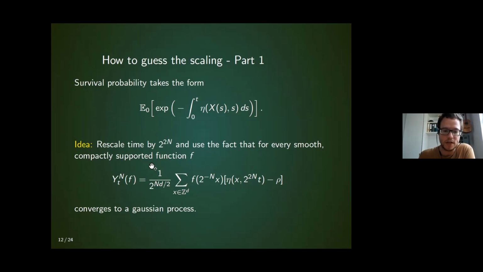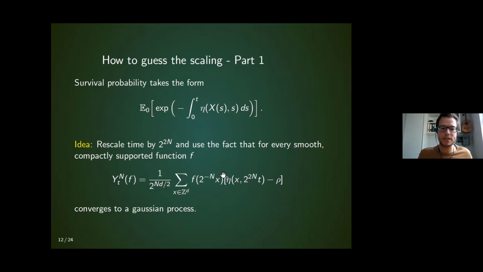So what do we have here? Here we have 1 over 2 to the nd half times the sum over all x in Z^d of f of 2 to the minus n x times the exclusion process at position x at time 2 to the 2n t minus rho. First of all, you do a recentering of the exclusion process, right?